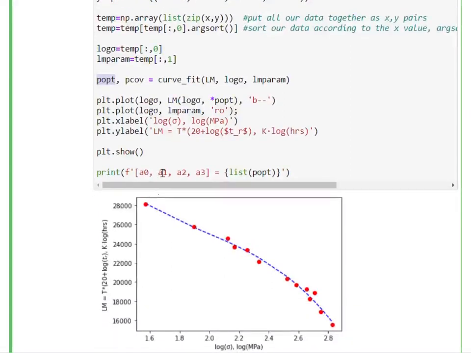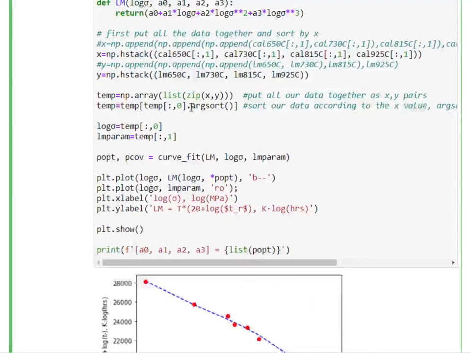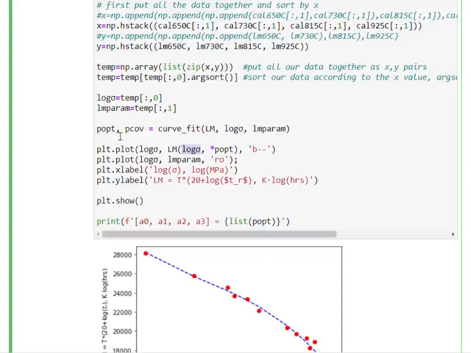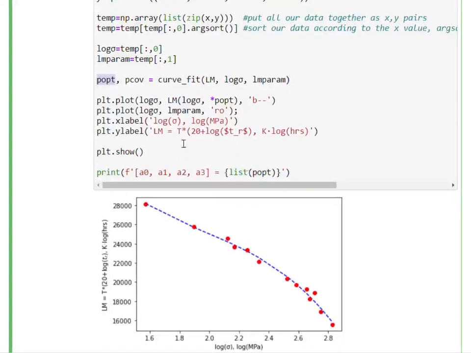All right, so we're going to go ahead and plot now my x data, log sigma. Then we're going to grab the function here. We're going to put in log sigma, that's my x data, into my function. And then I want to put in A0, A1, A2, and A3. Those values are given right here in this p.opt.